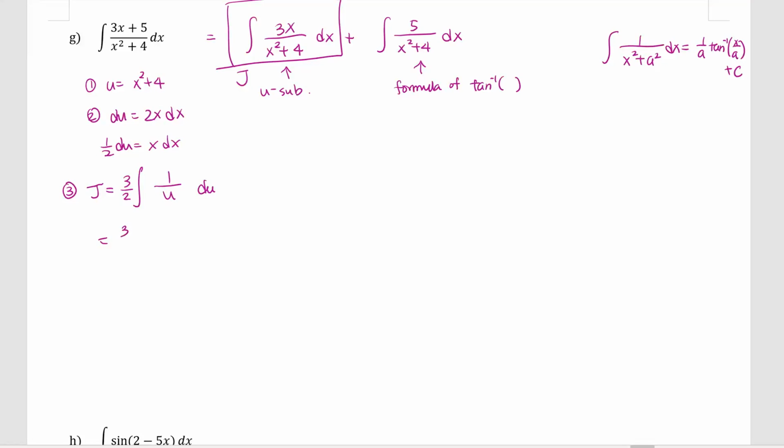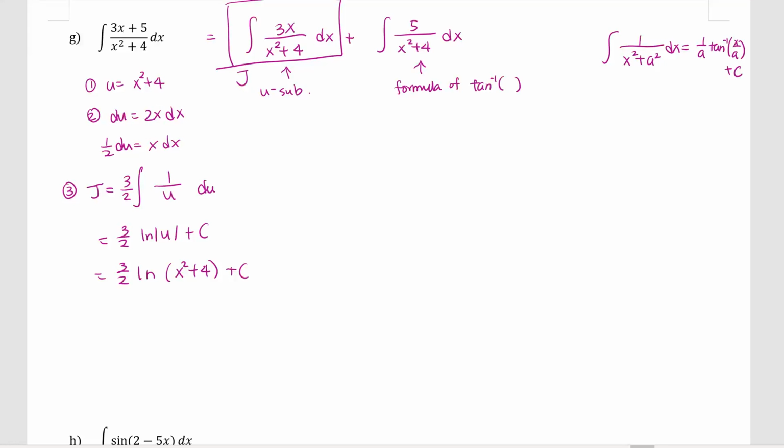So that is 3 over 2 ln of absolute value of u plus c. And what is u? U is x squared plus 4. Question: why don't we put the absolute value here? That is because x squared plus 4 is always positive, so we don't need an absolute value for that.